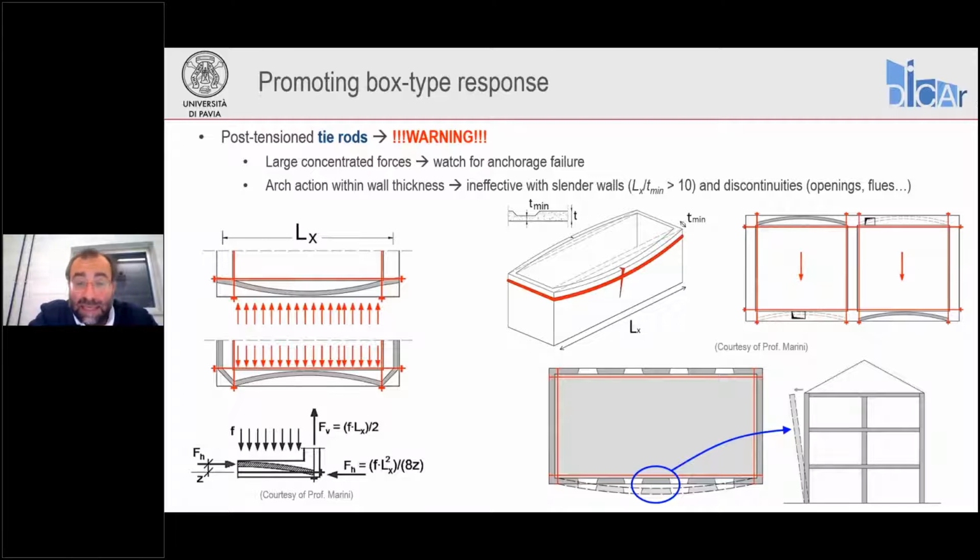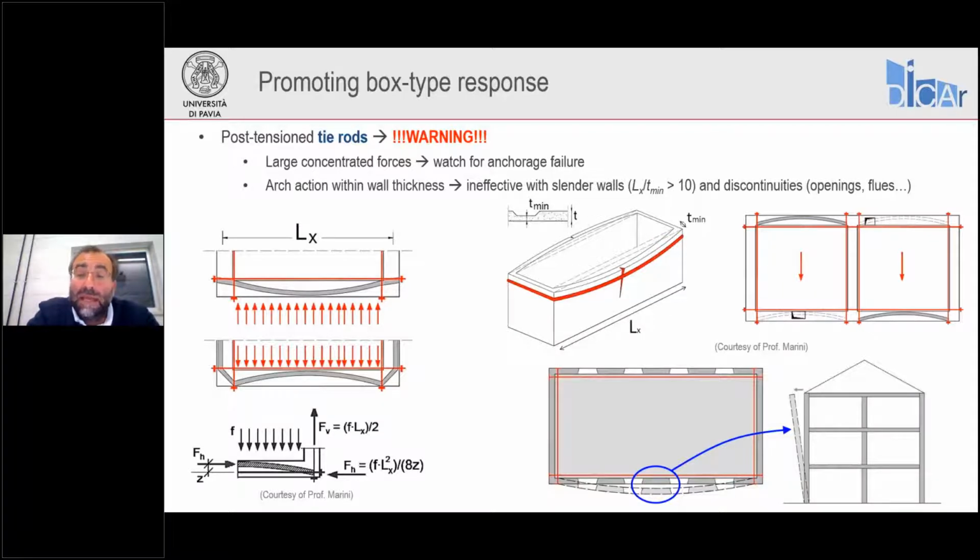And so if the transverse walls where we can provide tie rods are too far apart, usually more than 10 times the minimum thickness of the wall that we are trying to prevent from overturning, well, if that ratio is greater than 10, most likely that tying system will not be efficient. Other problems can be created by openings, by flues, which are interrupting the arch action within the wall.